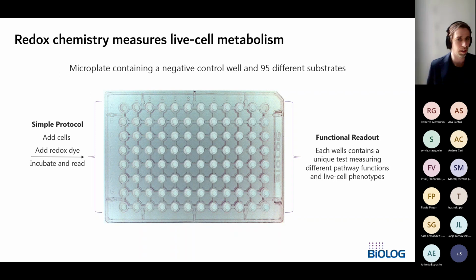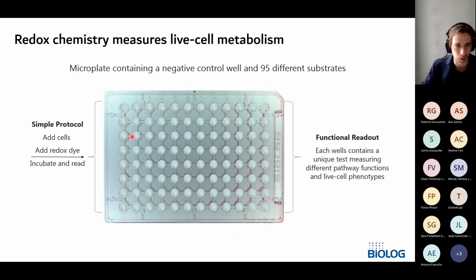It's exactly the same, and the core of this technology is what you actually see in this slide here. It is a 96 well plate, very similar to the 96 well plate that you can get from Corning or Sigma. Just the wells are smaller, and the feature of this 96 well plate is that BIOLOG adds a different substrate in each of these wells.